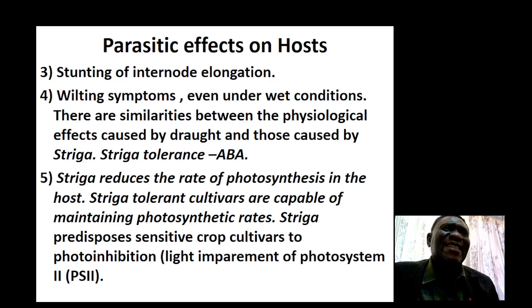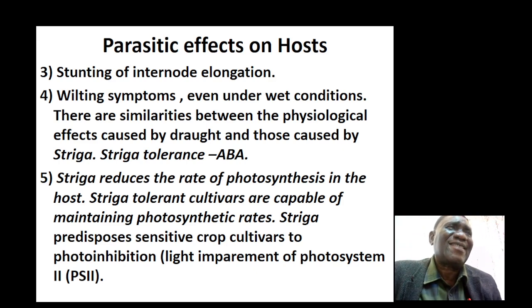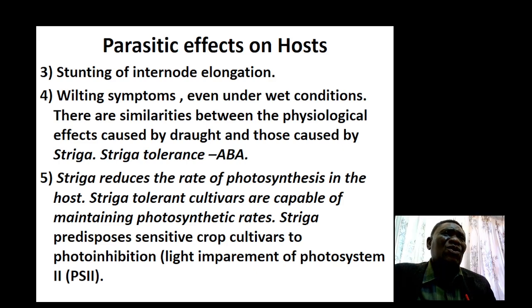Now, striga can reduce the rate of photosynthesis in the host. You can have striga tolerant cultivars which are capable of maintaining photosynthetic rates. So, striga predisposes sensitive crop cultivars to photoinhibition, that is light impairment of photosystem 2.